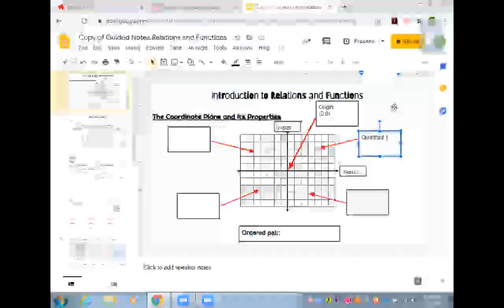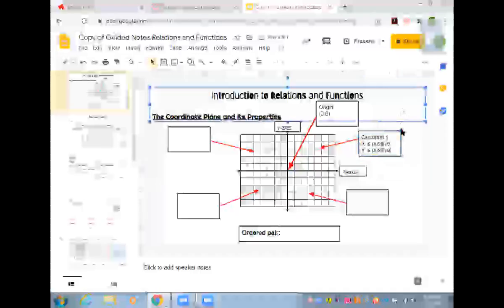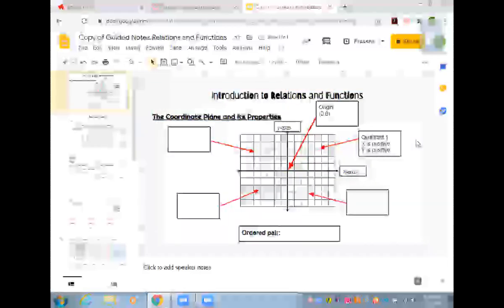In quadrant 1, what are the X's, positive or negative? They're positive. X is positive. What about the Y's? Y is also positive. So in quadrant 1, X and Y are both positive.